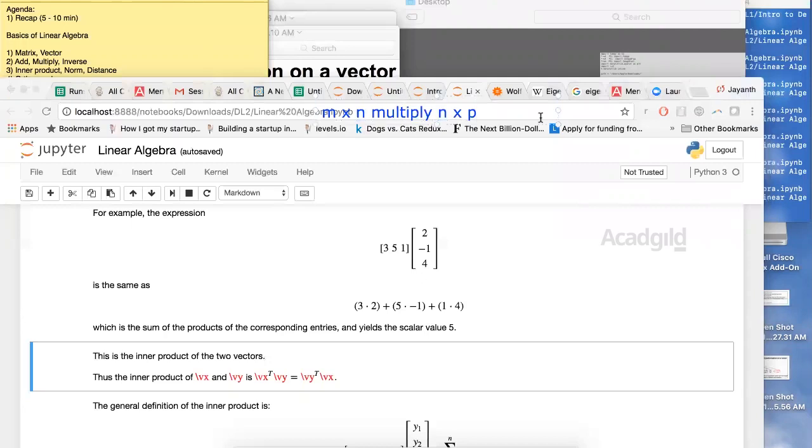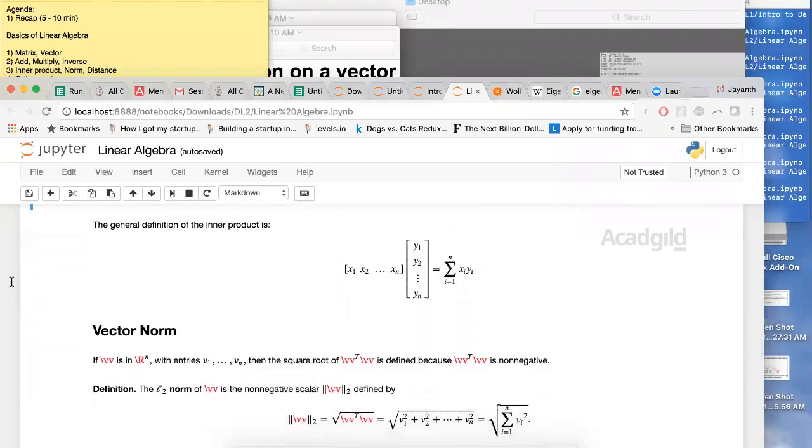Okay, that's one small note that we need to remember. The general definition of inner product is the sum of xi times yi.